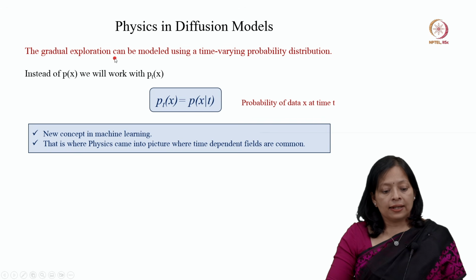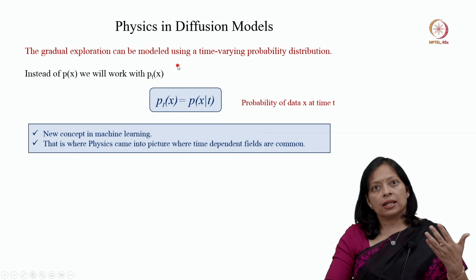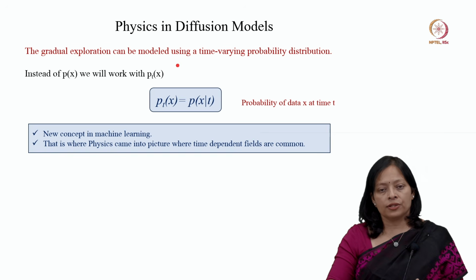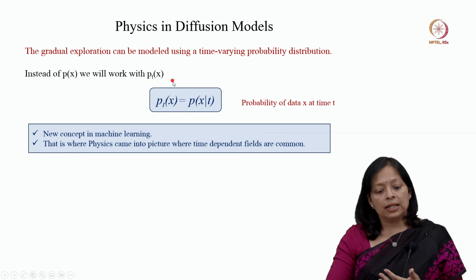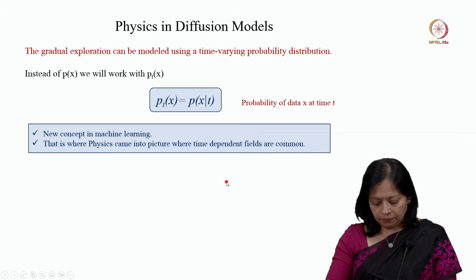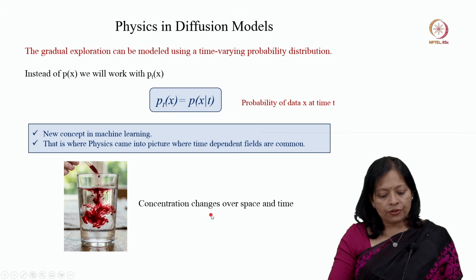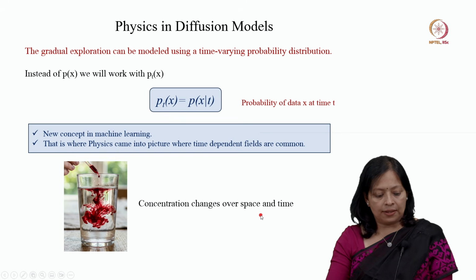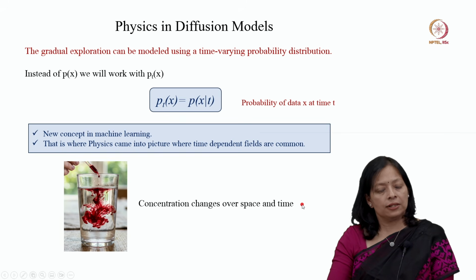When we talk about the exploration or the model's ability to navigate the path towards the region of higher probability, it is a time varying probability distribution, it is a time varying phenomenon. That is where your physics comes into the picture. Okay. So, concentration changes over space and time, both are associated in diffusion.